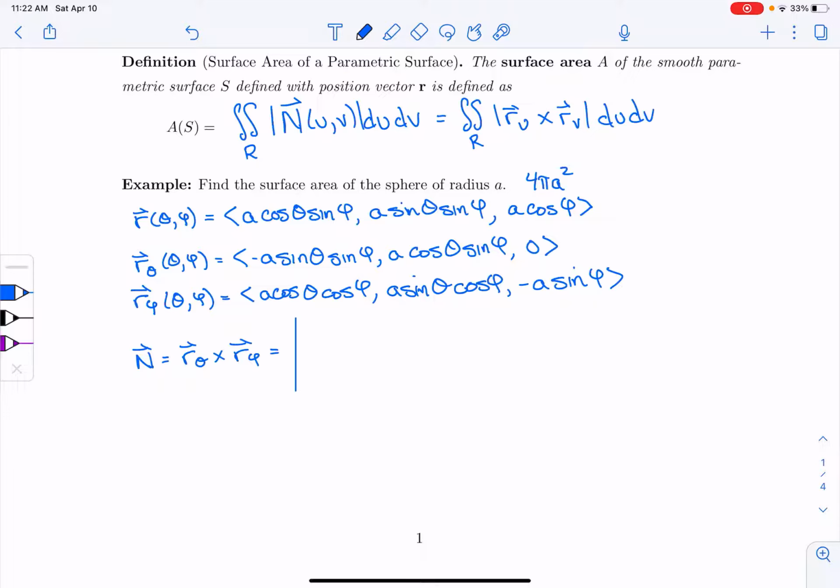So that's going to be i, j, k, and then minus a sine theta sine phi, and then a cosine theta sine phi, and then 0.